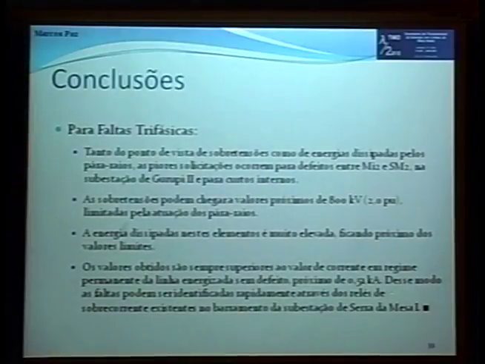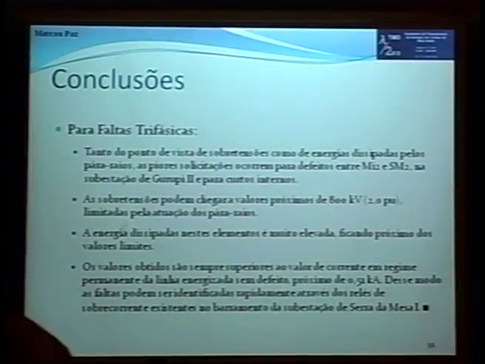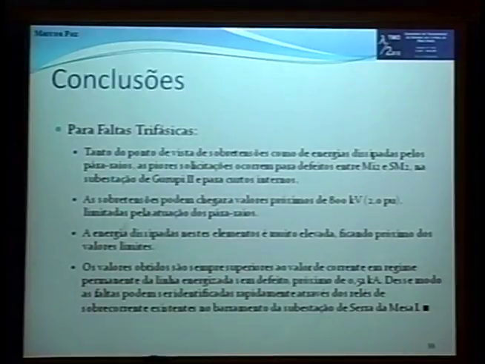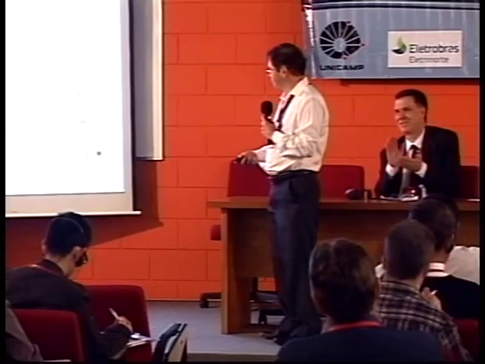This would be the capacitive current of the line. In this case, the faults could be identified using an overcurrent relay. So basically, these were the results we obtained and wanted to share with you. Thank you very much.